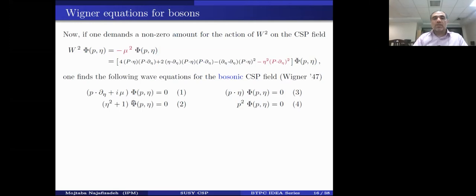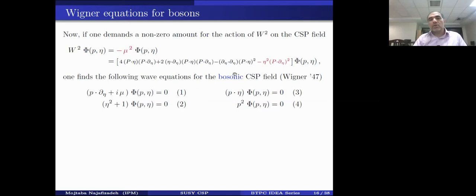These two equations are independent, but these other equations are dependent on these two. Indeed, if you compute the commutator of equation 1 and equation 2, you will get equation 3. And using the commutator of equation 1 and equation 3, you simply get P square on phi equals 0.